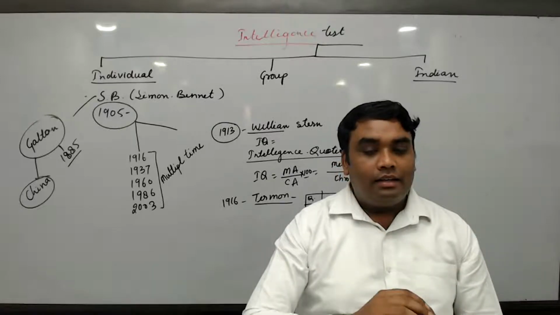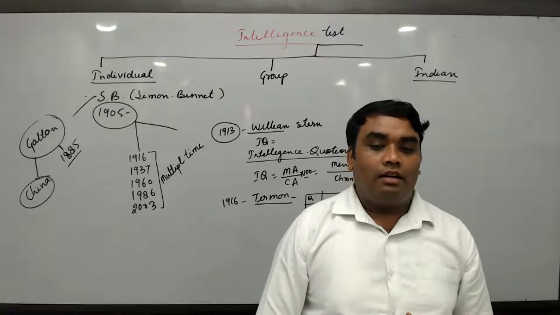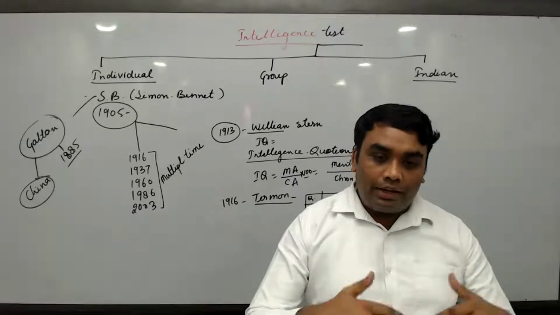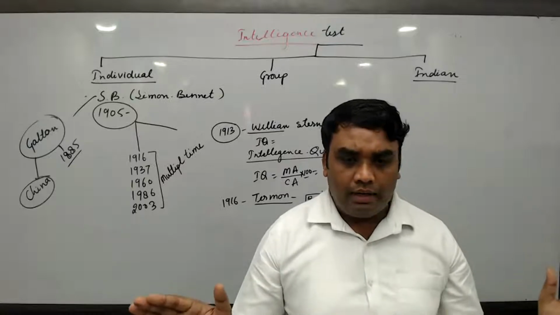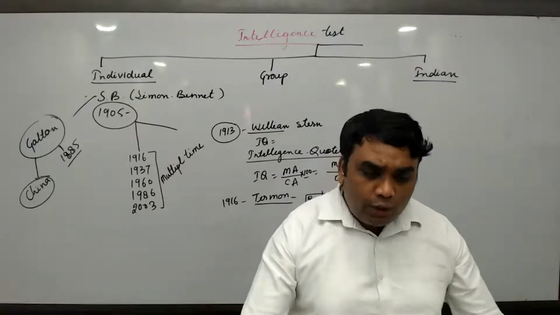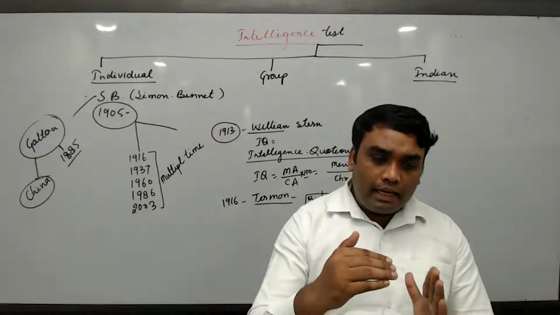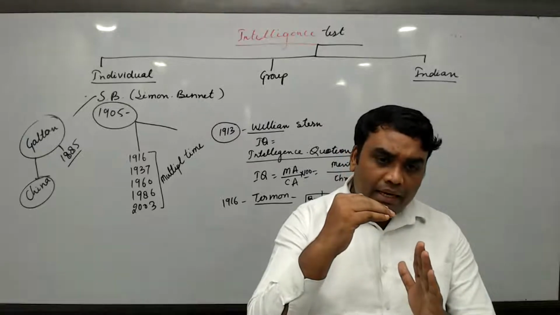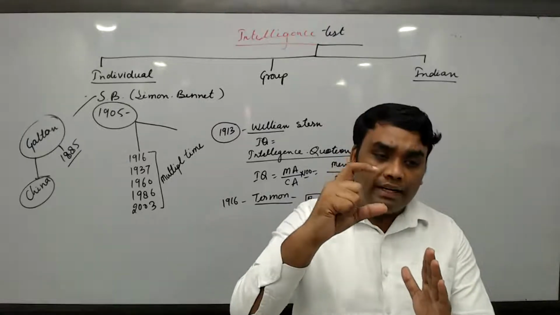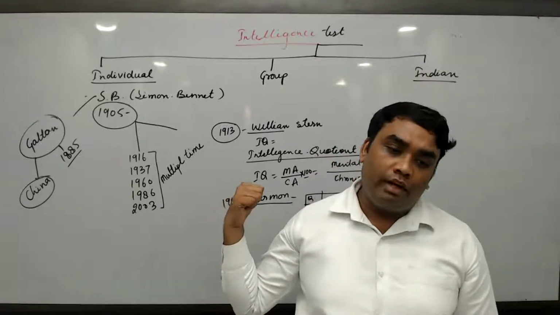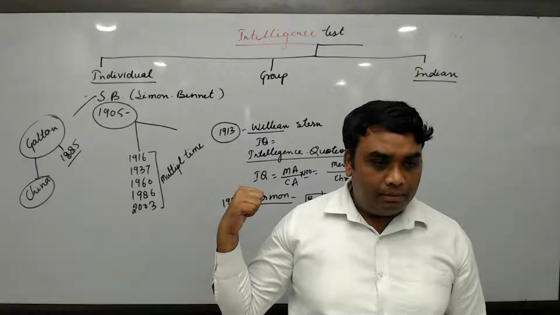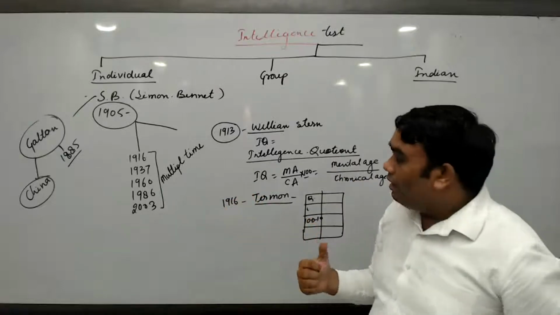Whenever there was just a definition of intelligence, when the IQ concept came, it became more specified, more defined, more clear. Getting my points?